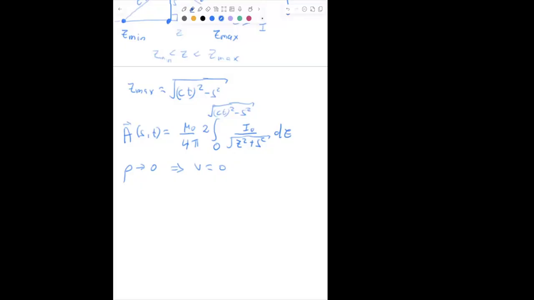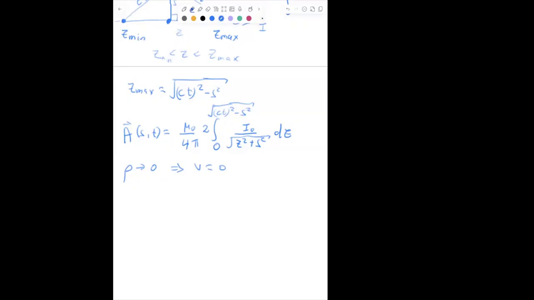But I showed you previously that with A, you also get the electric field E. Remember how? This is obtained by the time derivative of this function A. So there's no scalar potential, but still we have an electric field.